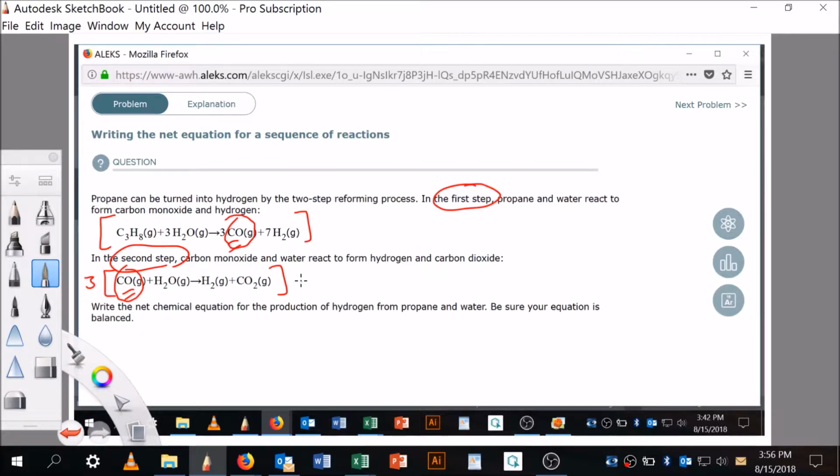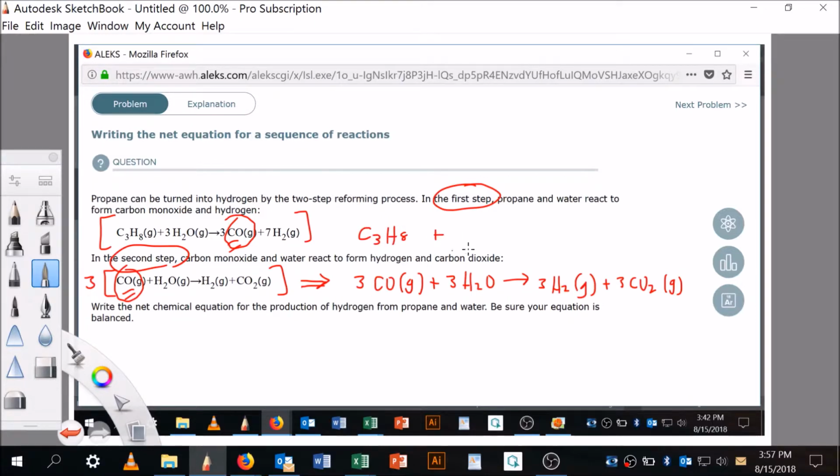So if that gets multiplied by 3, this is equivalent to saying 3 carbon monoxides, gas, plus 3 waters produces 3 H2s, gas, plus 3 carbon dioxides, gas. Right? And so now we can add these two together and we'll get the right answer, okay?